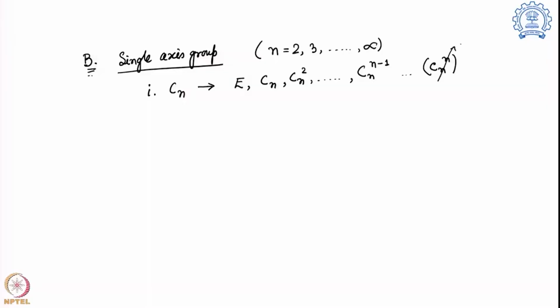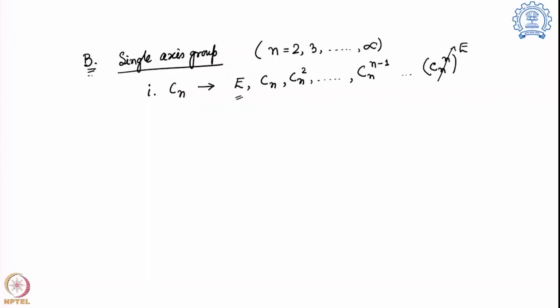So, it will be a C4 inverse, and then I can do it 4 times at the same position: 90, 180, 270 and 360, and at that point of time the molecule is rotating a total 360 degrees, which is nothing but the operation E, which is already present over there.